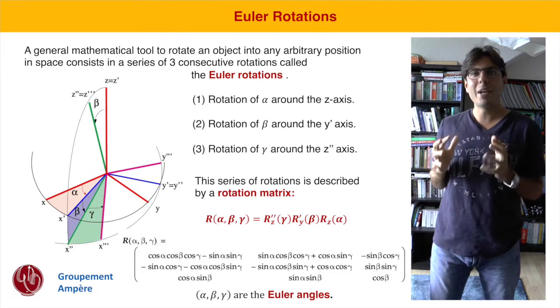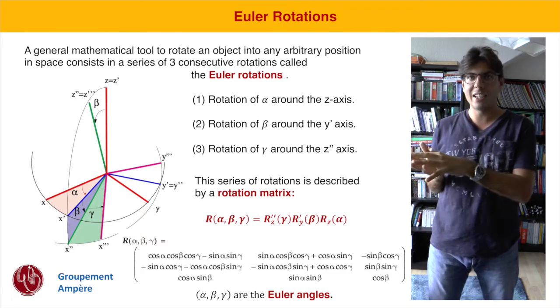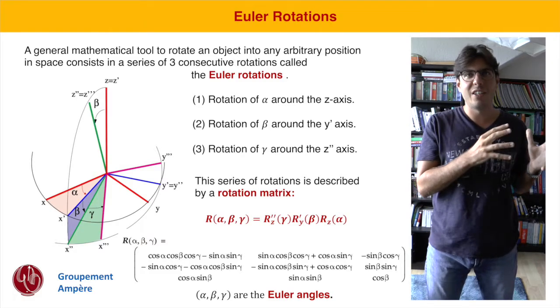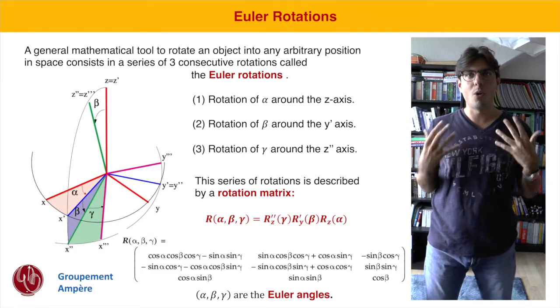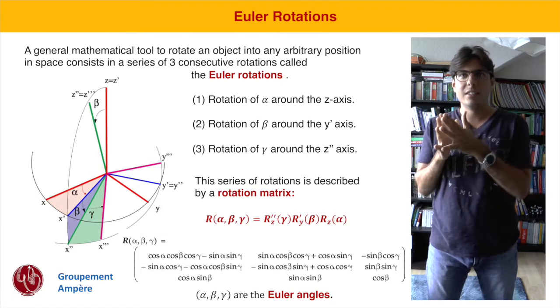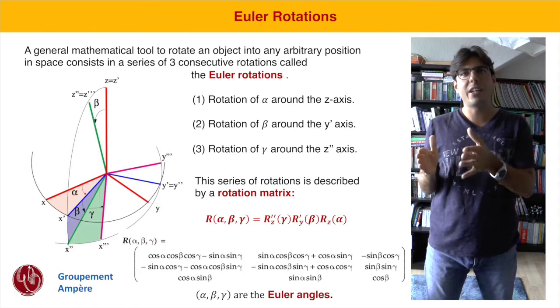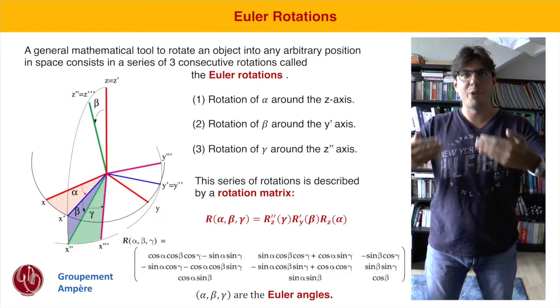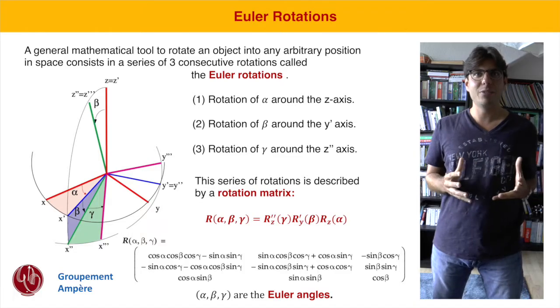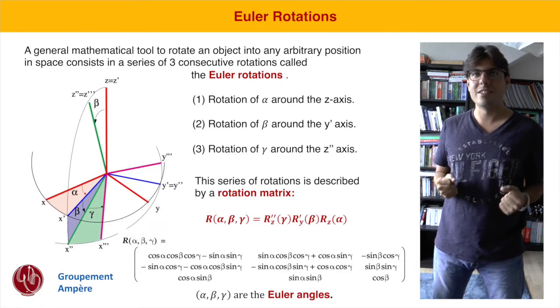If you have a mathematical object, you can always rotate it from an arbitrary position in space into another arbitrary position in space by using the so-called Euler rotations. The Euler rotations are a set of three consecutive rotations that we perform on our mathematical object, and you see a schematic of these three consecutive Euler rotations on the slide.